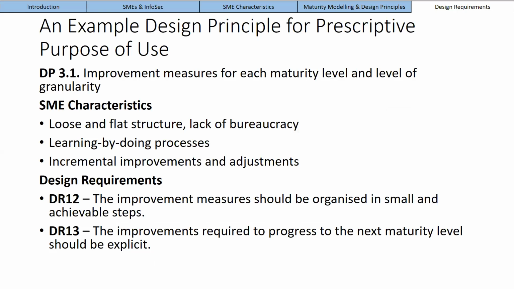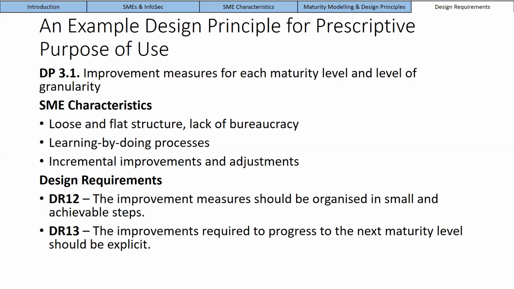So an example design principle for prescriptive purpose of use is improvement measures for each maturity level and level of granularity. So we identified SME characteristics related to this design principle. The most important ones are the learning by doing processes and incremental improvements and adjustments.